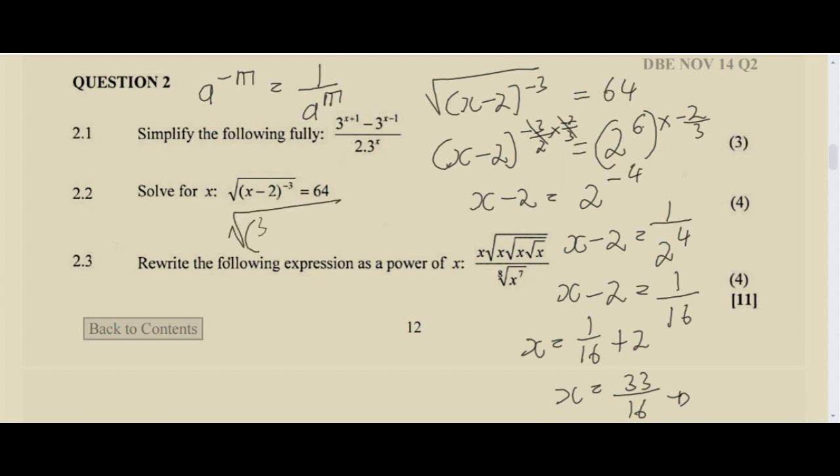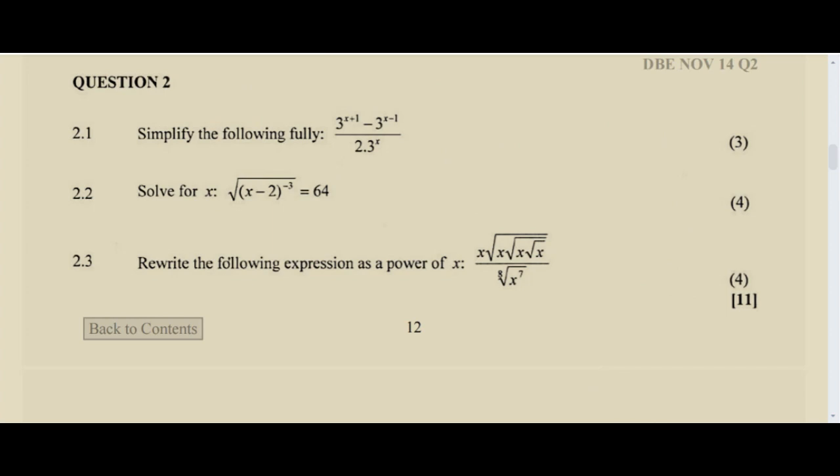So if you say 33 over 16 minus 2 to the exponent of negative 3 and then put it inside the square root, then you have to find that 64. So let's check. Let me just double check with my calculator. Then minus 2 to the exponent of negative 3. So yeah, I'm definitely getting 64. So that means our solution here is correct, right?